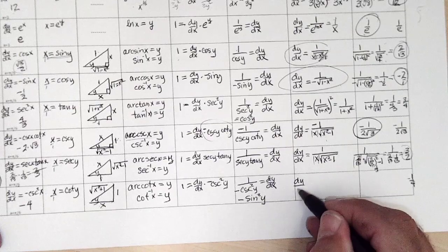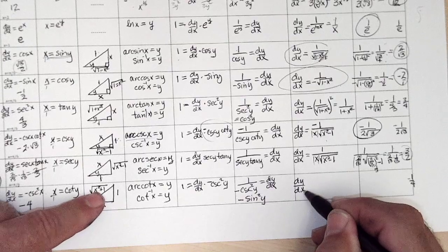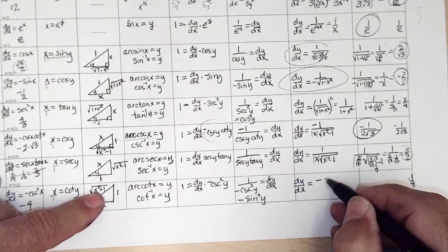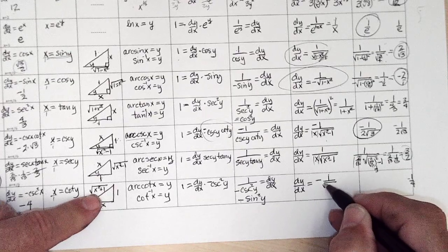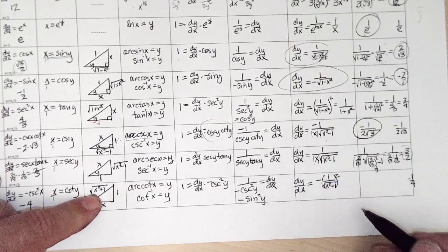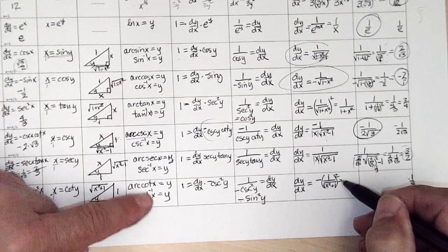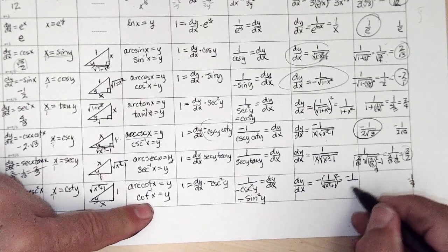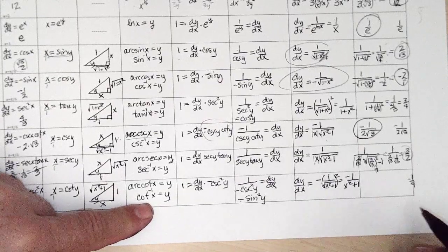So dy/dx, the sine of y is 1 over this. We have a minus, and sine of y is 1 over the square root of x squared plus 1, and we have to do the sine squared. So the derivative of arc cotangent or cotangent inverse is minus 1 over x squared plus 1. The squaring gets rid of the square root.